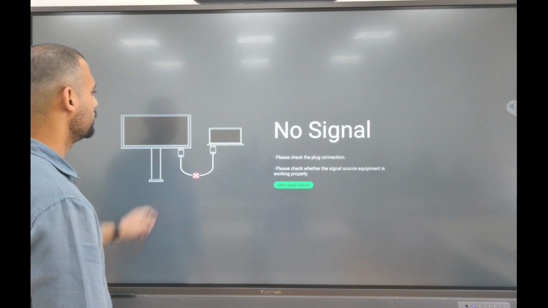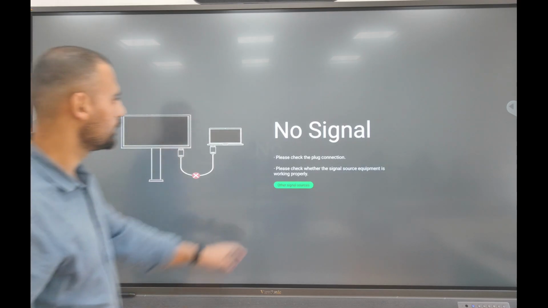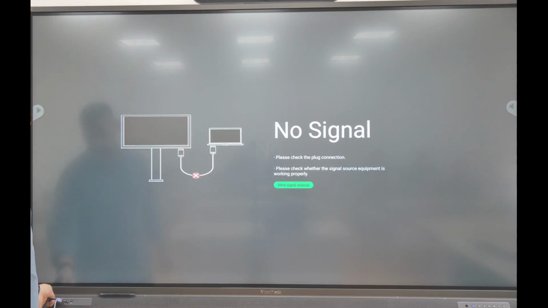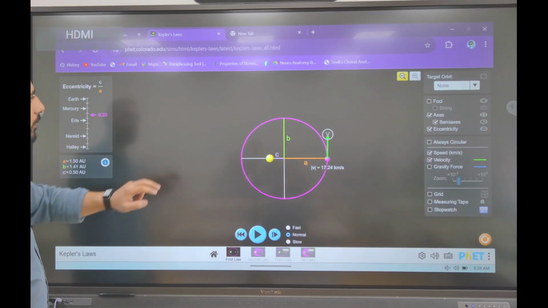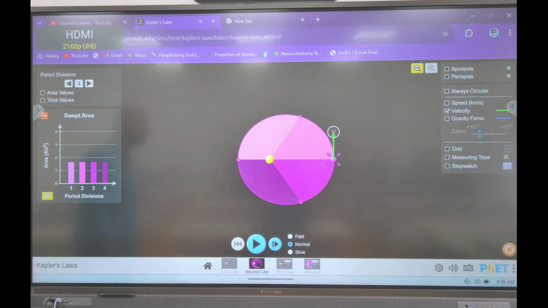So let me go to the second one. Coming to the second law.